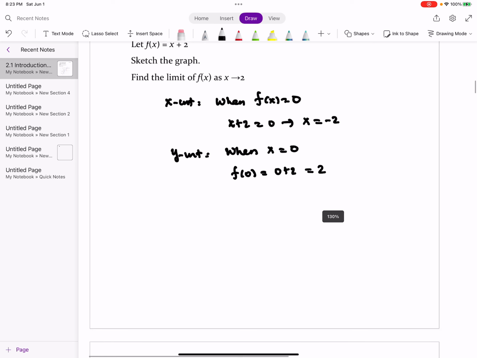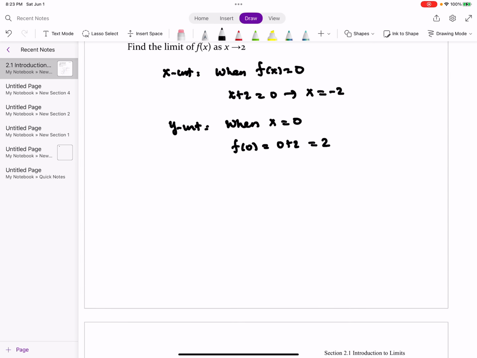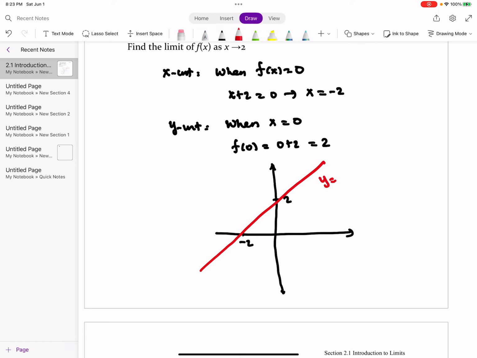Now, since this is a linear function, 2 points are enough to sketch the graph. Let's draw the graph. Let's say this is the y-axis, this is the x-axis. Let's say x is negative 2 here. This is positive 2 here. Now connecting the points. Now this graph is y equals x plus 2.